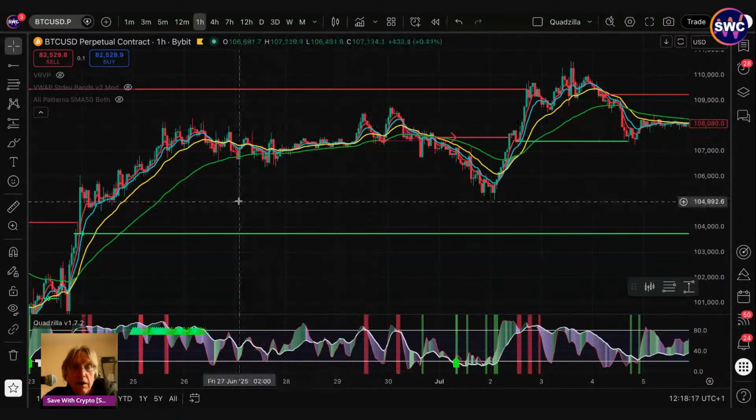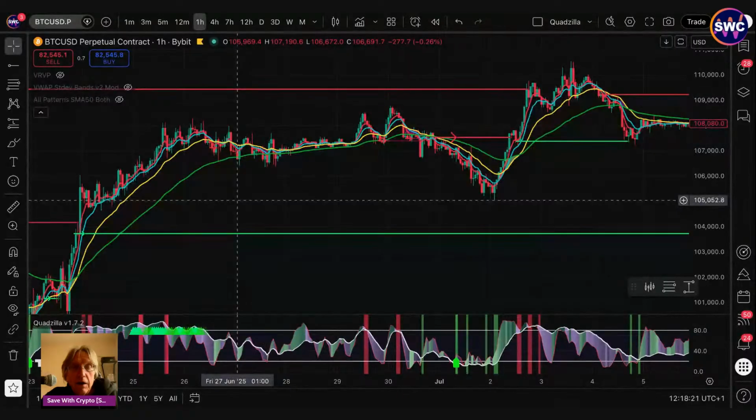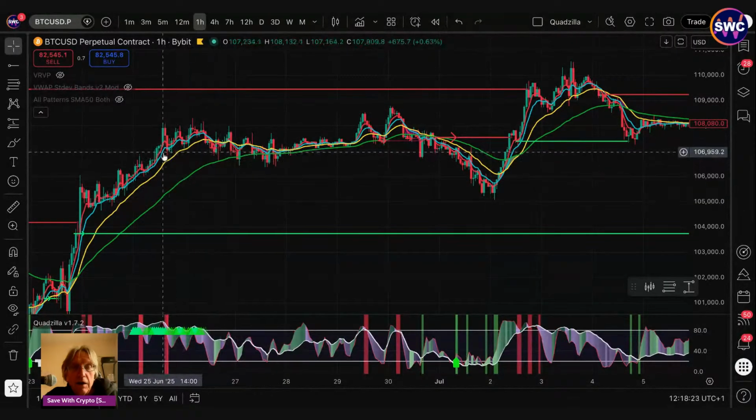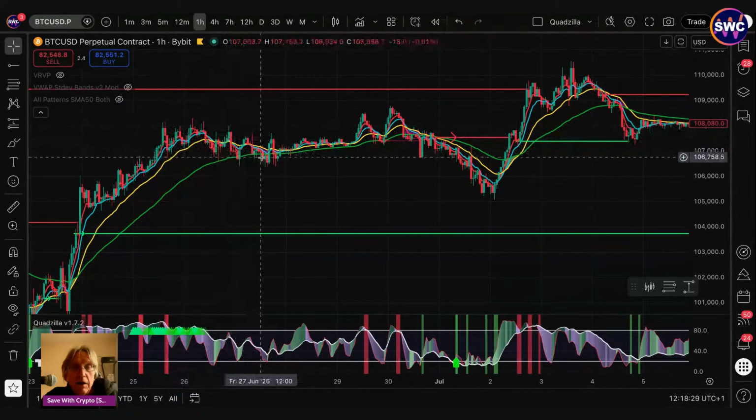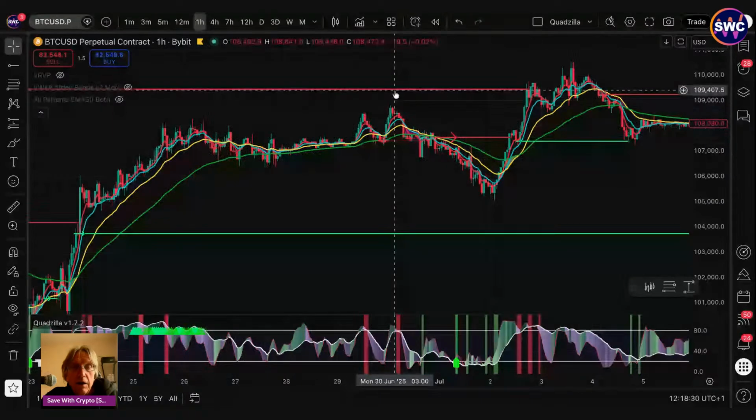So I'm wondering if something like this is going to happen, just where at the moment it won't break out completely, but it will kind of pull back a little bit, and then it'll go up more later on. That's the kind of thing I'm expecting, but it does look bloody lively, doesn't it?